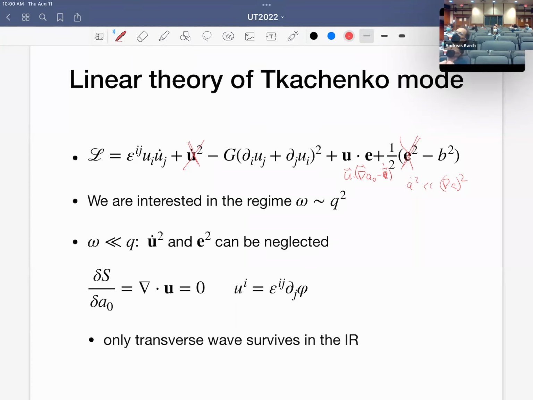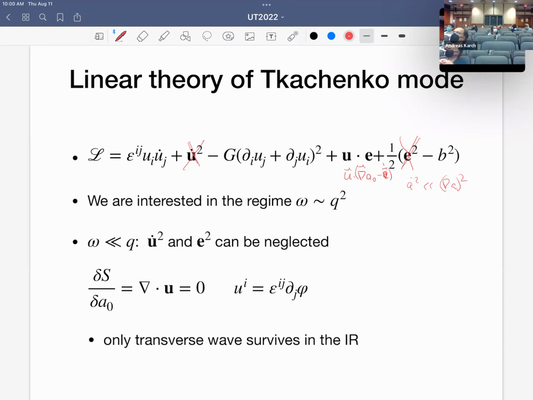So only the transverse mode survives in our infrared limit, and that allows us to parameterize the lattice displacement by a scalar field, which we call phi. So here we see for the first time that there is only one mode instead of two modes of longitudinal and transverse sound. We have now only one.